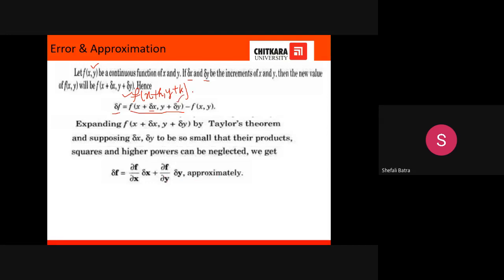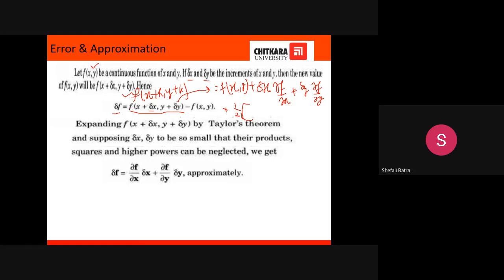See, I'm expanding this. So what was your first term? f of x comma y plus h. What is h? Here h is delta x. Then curly f upon curly x plus k. What is k here? Delta y. Curly f upon curly y. Similarly, plus 1 by 2 factorial.